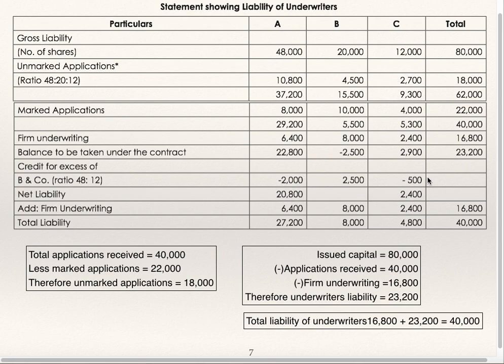A 20,800 and C 2,400. Addition is 23,200. Total liability of underwriters is 40,000: 16,800 firm plus 23,200 which is not taken over by the public. This is the total liability of A, B and C, 40,000.